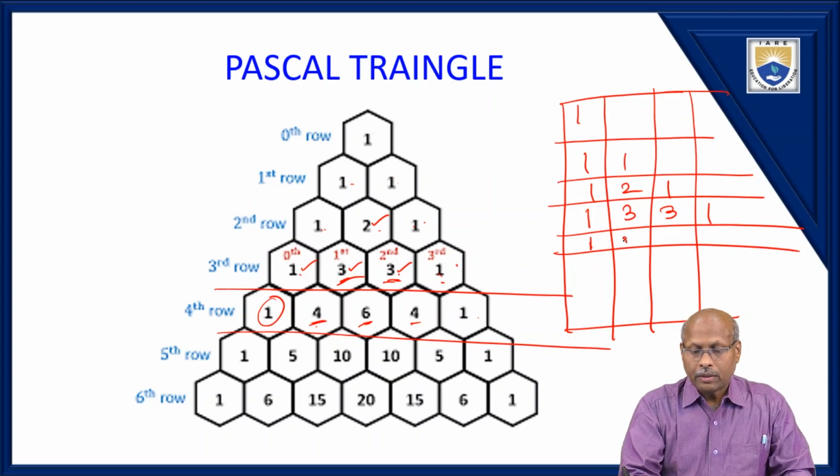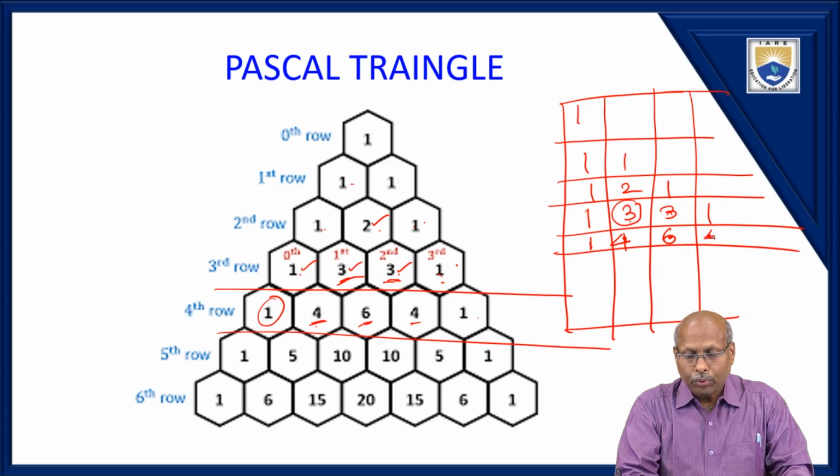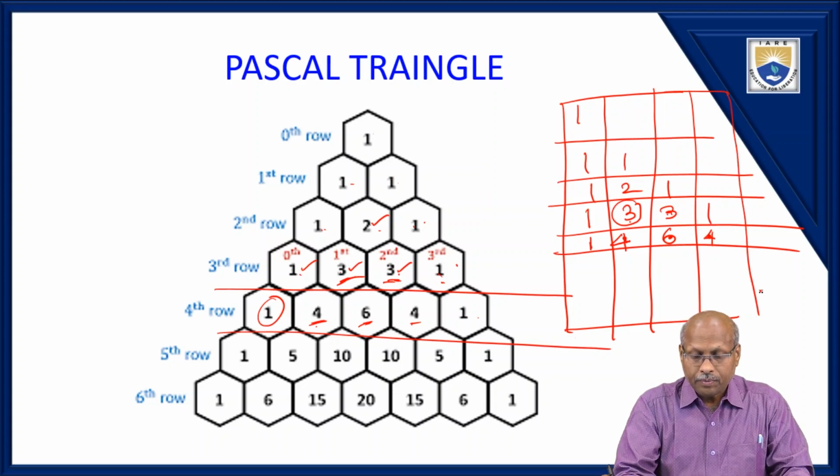To calculate this, wherever you are, go up to the previous row, at the same position plus the position minus 1. So 1 plus 3, 4. When you come to this place, go to the previous row, that element plus the previous row and previous column: 3 plus 3 is 6. And next, when you come to this place, 3 plus 1, 4. Then next 1. Like this you can calculate.